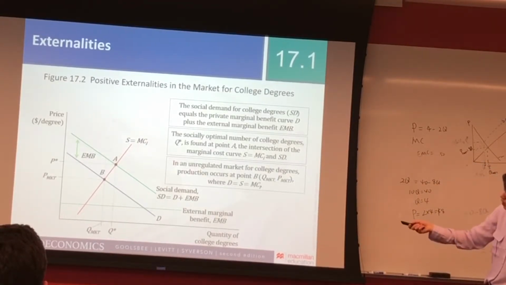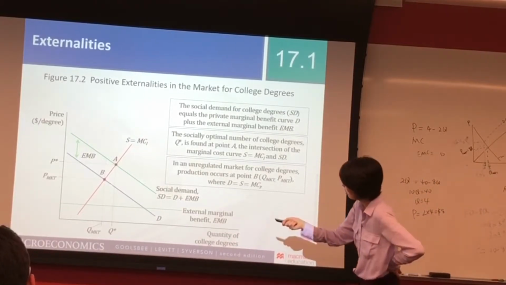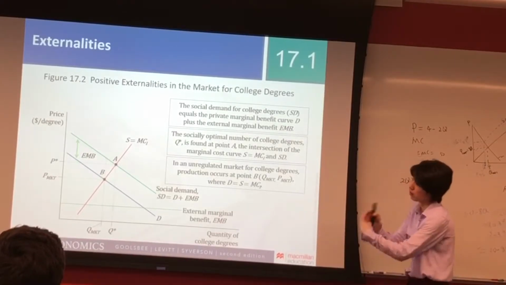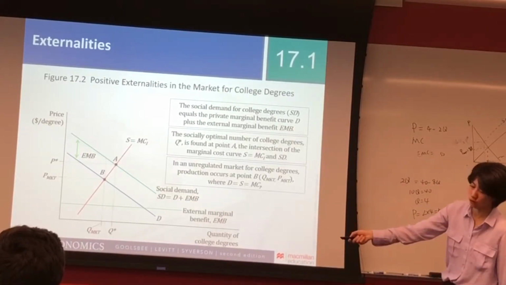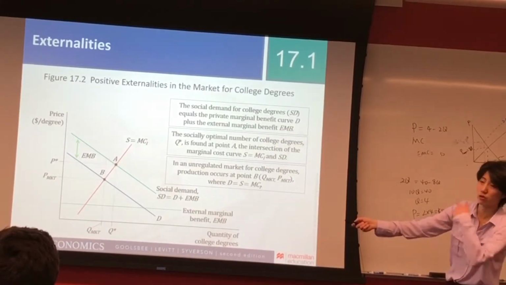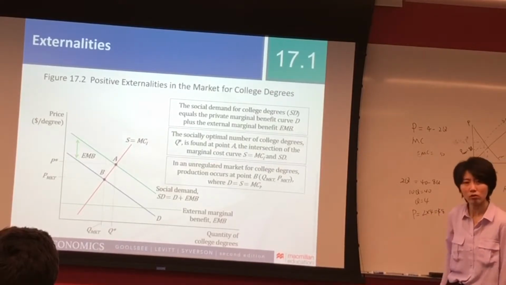In an unregulated market, college degree production occurs at point B, right? That's private cost and private benefit. You can determine the market equilibrium price and quantity. But if you take the social benefit into consideration, that's your socially optimal level.